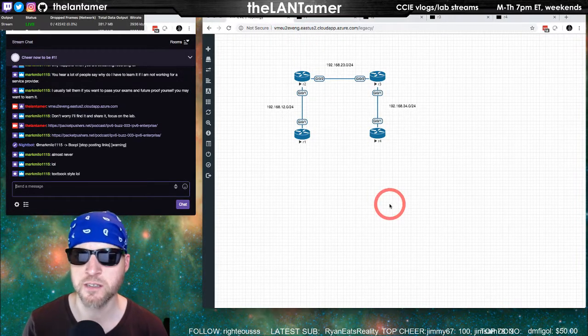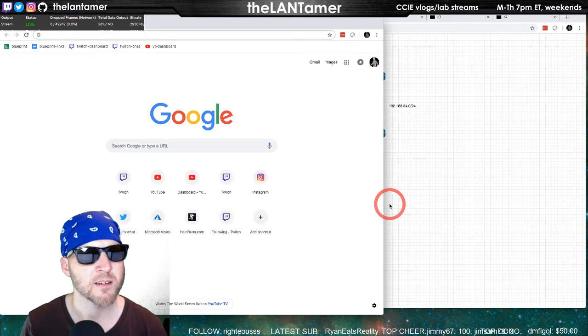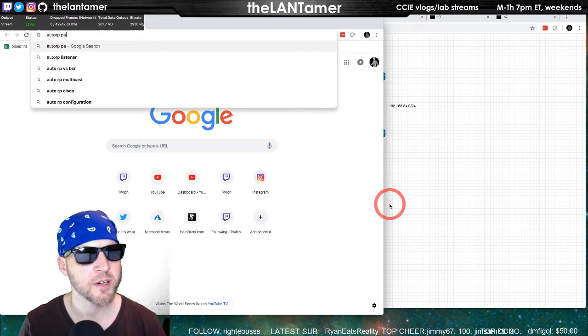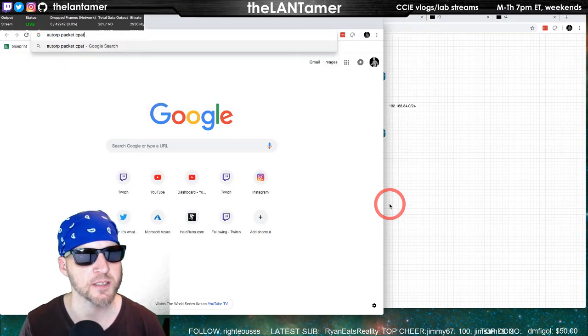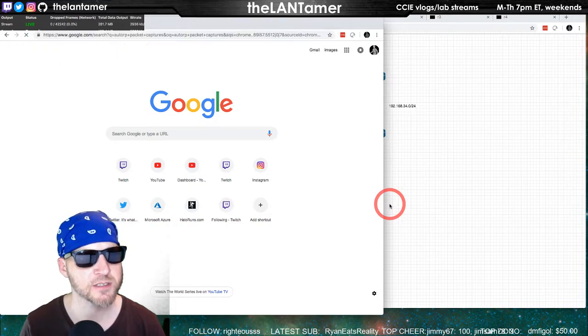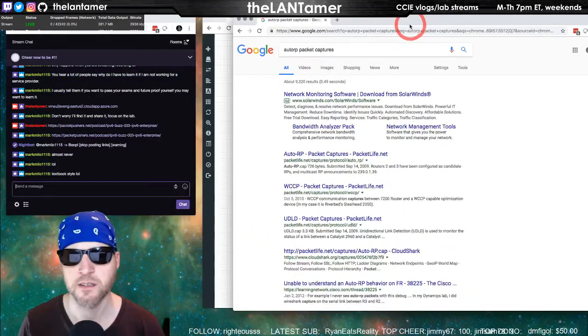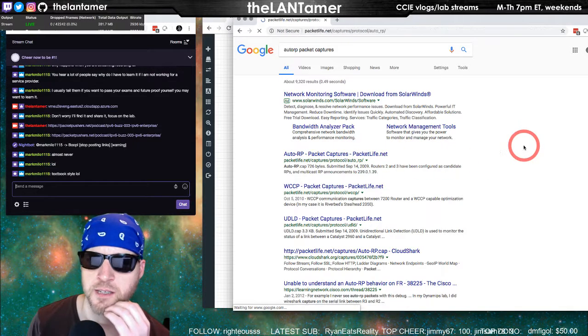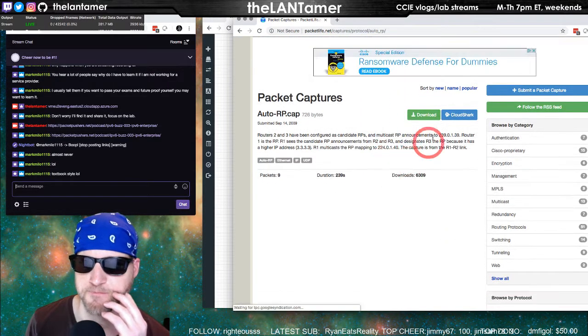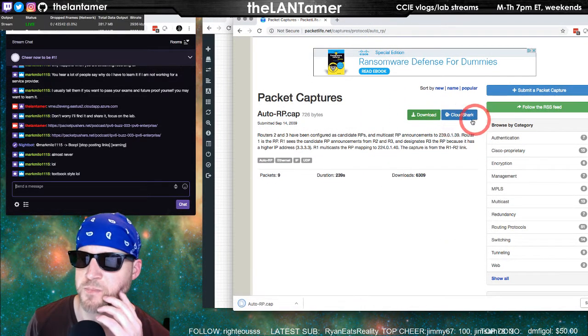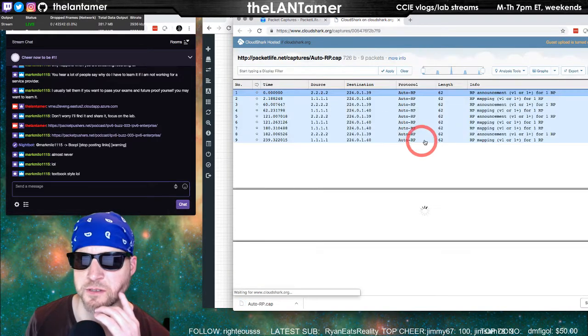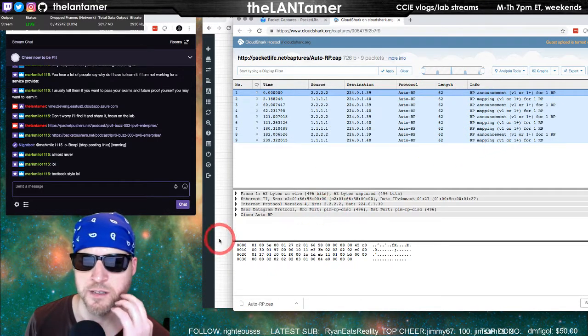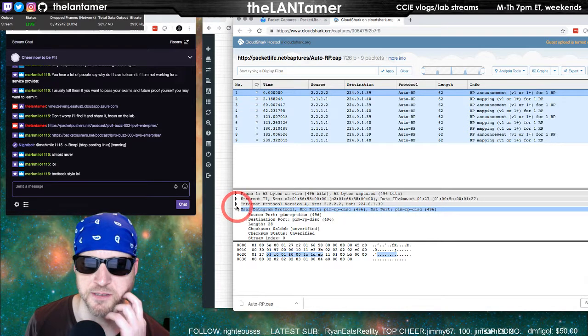Let's look on auto RP packet capture. Let's find some other packet captures on this. There we go, packetlife.net. Oh, you can look at it, CloudShark here too. Does this also come from France?